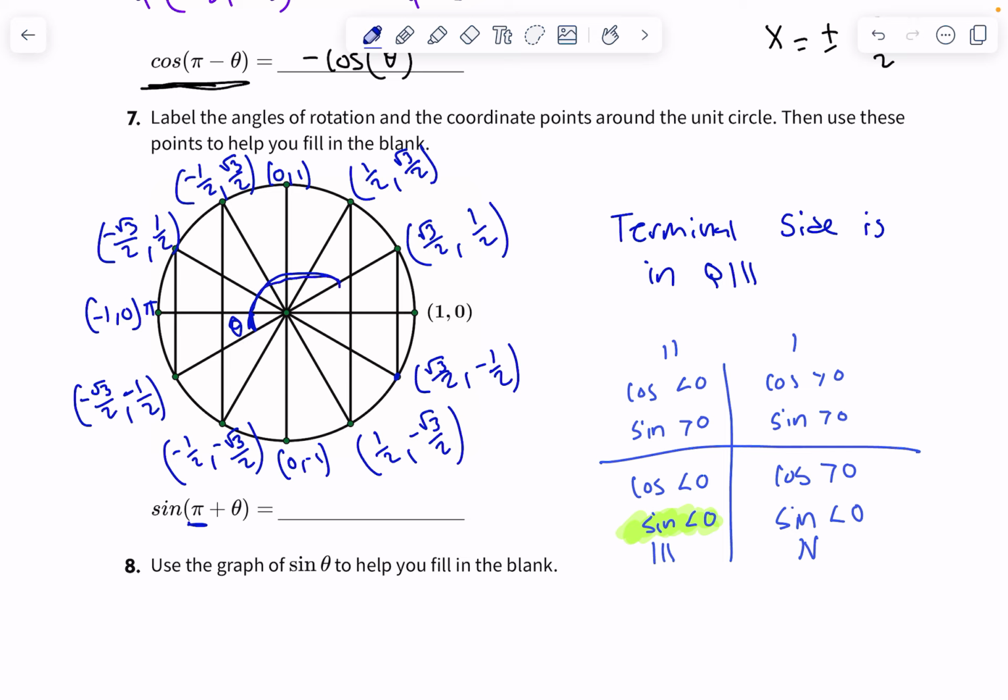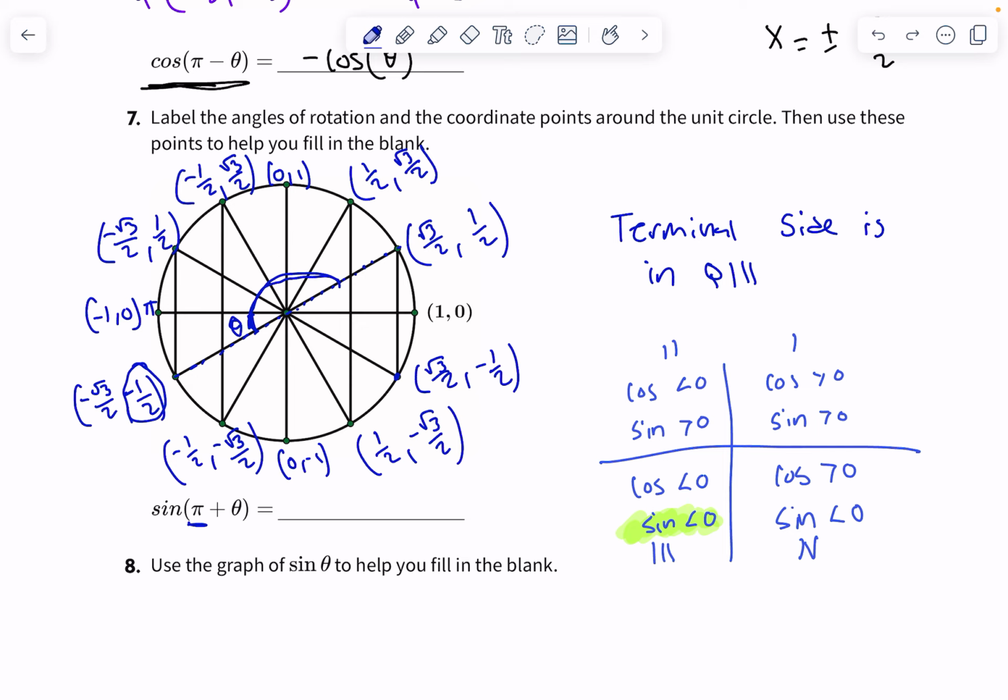Okay, and why? How would I figure out what sine of pi plus theta is? So sine there is negative 1/2, and then look at this. We fly diagonally across.